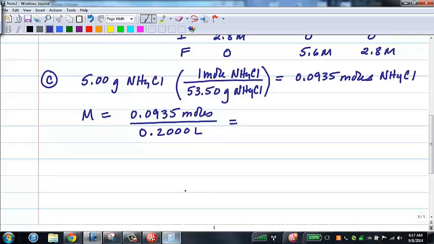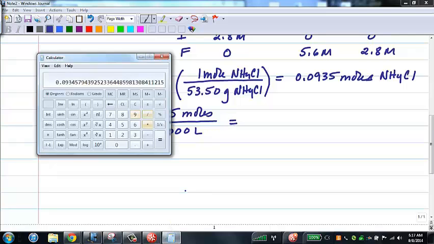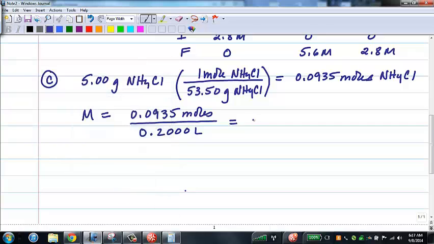So 0.0935 divided by 0.2 liters is equal to 0.467 molar. That's the concentration of ammonium chloride.